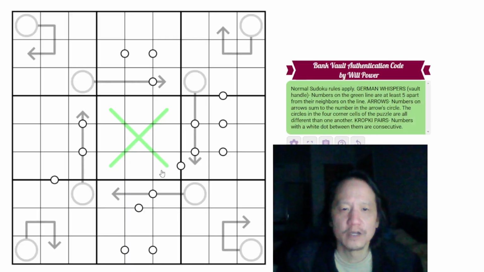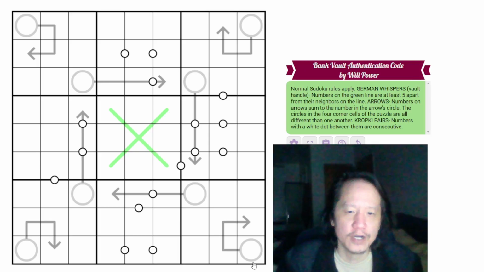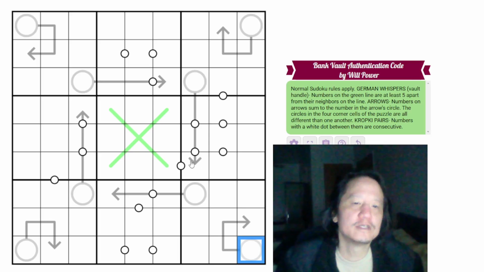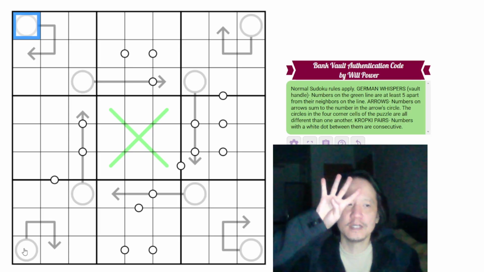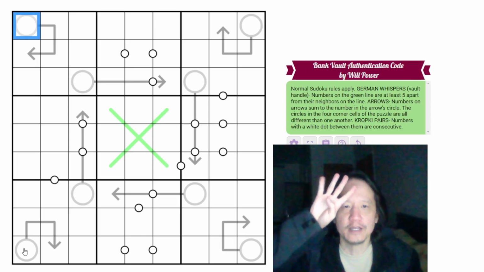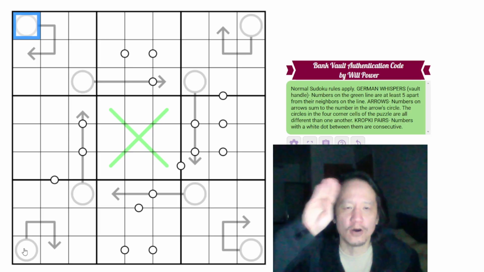Let's go. Okay, so we know the circles in the 4 corners are all different. Well, they have to be from 6, 7, 8, and 9. We know that for certain. So because of that, there's only 4 unique digits in each of the circles, and they all have to be different.